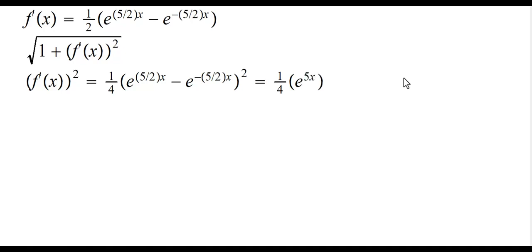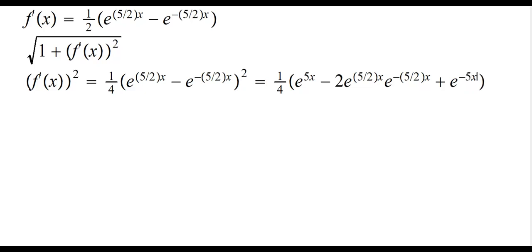Then we will have negative 2 times e to the 5 over 2 x times this, and I'm just writing the FOIL finally, because there are 2 steps that add with a negative sign, and then plus the square of this quantity, which becomes e to the negative 5x.